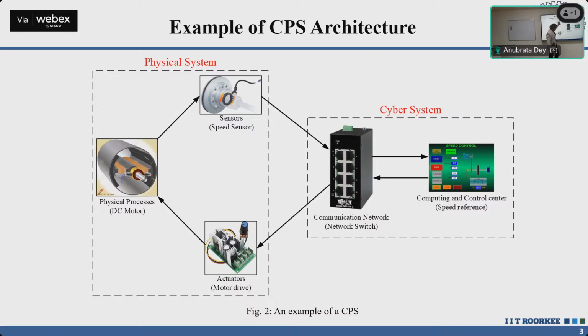This data is passed on through some network, maybe wired or wireless, to the algorithm which I have written, and whatever corrections are needed, you pass on to the actuators. These actuators control your motor drive, basically the speed, correcting the speed of the motor accordingly. So this is the best example of our cyber physical system.